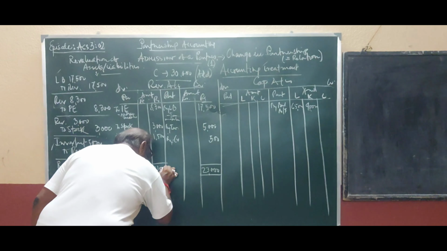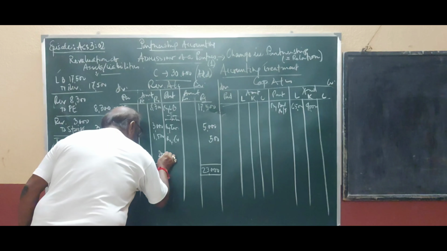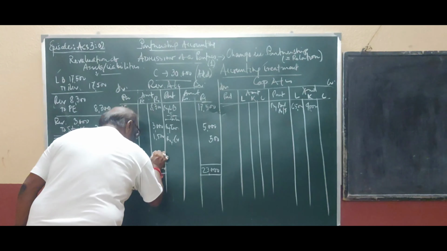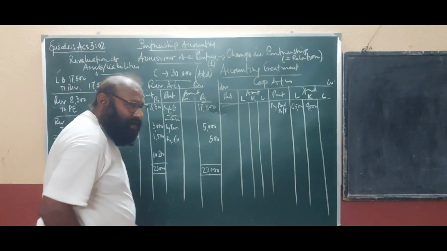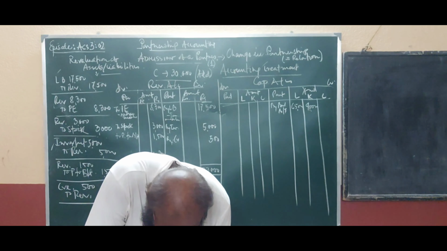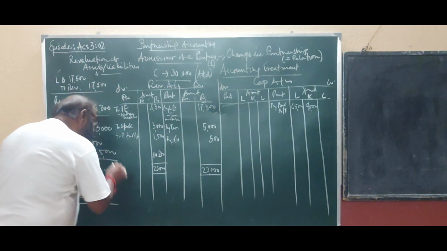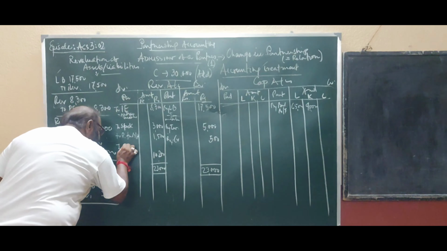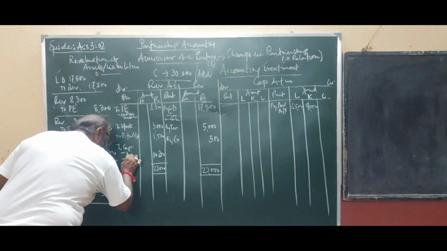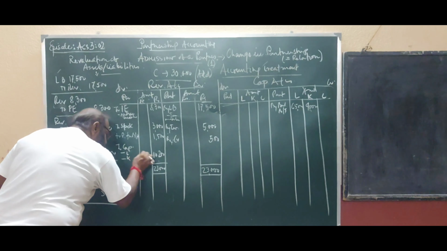And here it is how much? 10,200, right? And so this is the profit, okay? And this amount should be transferred to the capital account of Lark and Kite, okay? In the ratio of what?